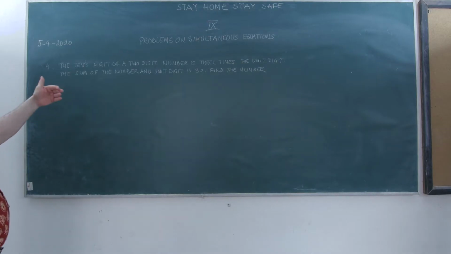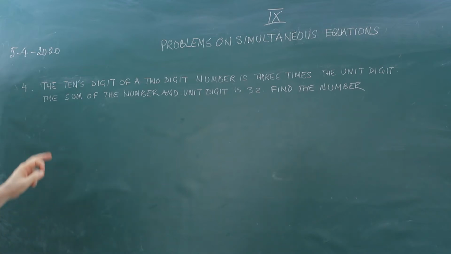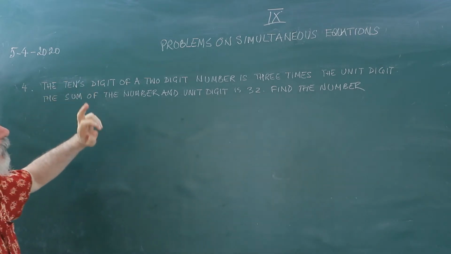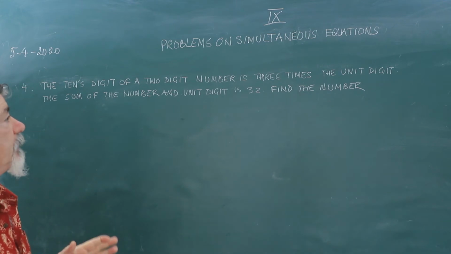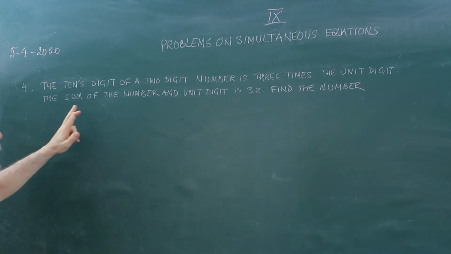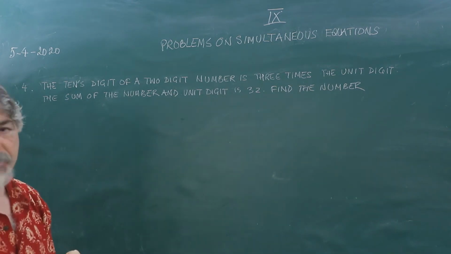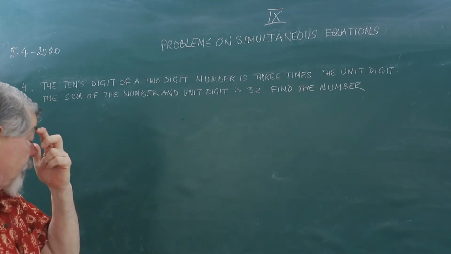The next question in the series based on a 2-digit number is: the tens digit of a 2-digit number is 3 times the unit digit. The sum of the number and the unit digit is 32. Find the number.